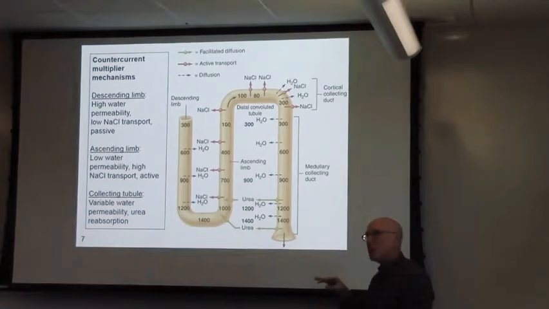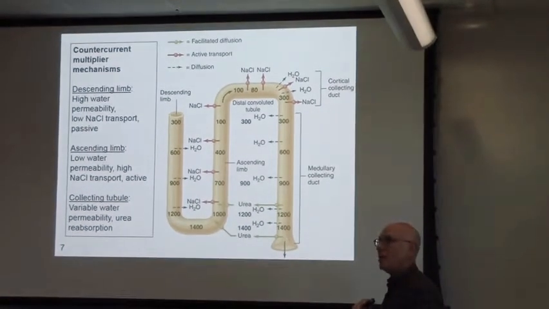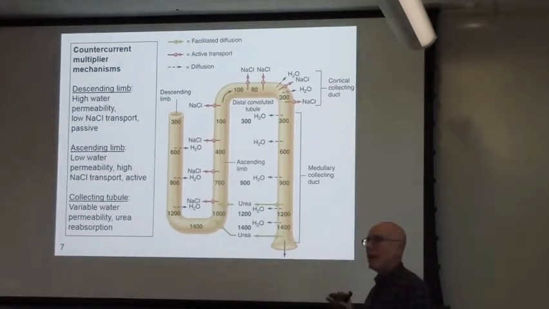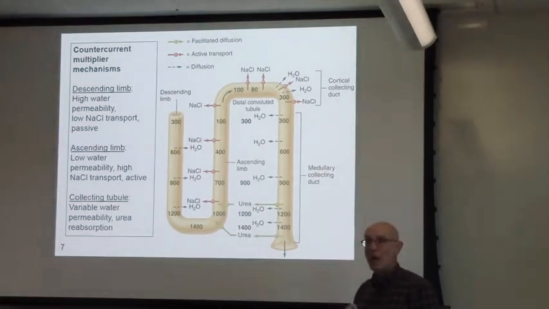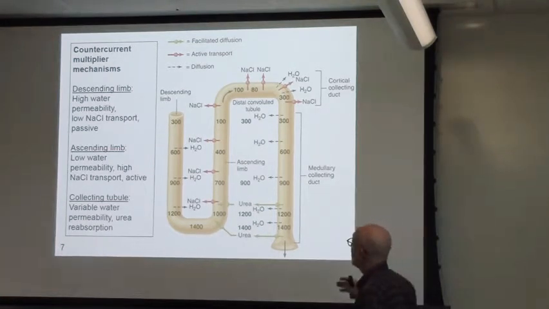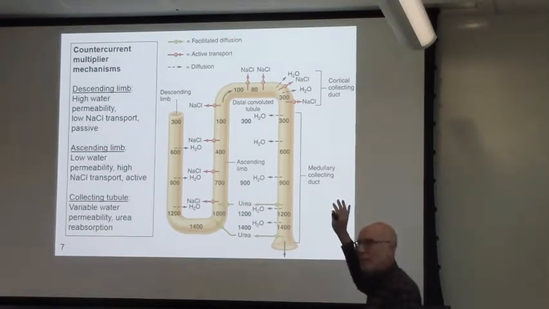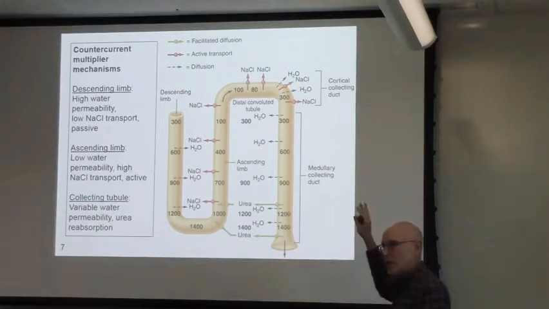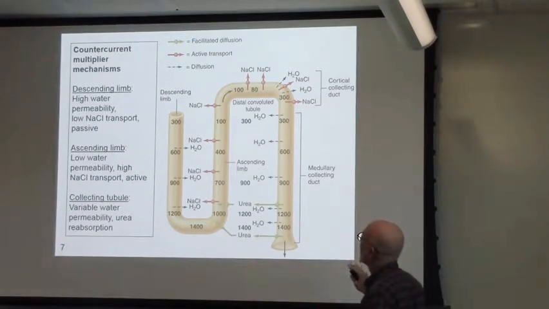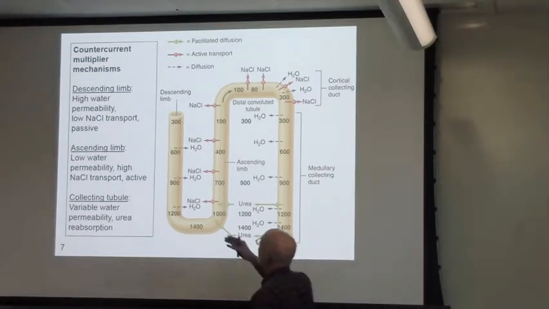Okay, so now we're starting to tell the story of the loop of Henle and how it creates this hypertonic peritubular space. Okay, this slide gives everybody a headache, not just you, it gives us all a headache. But let's walk through it.